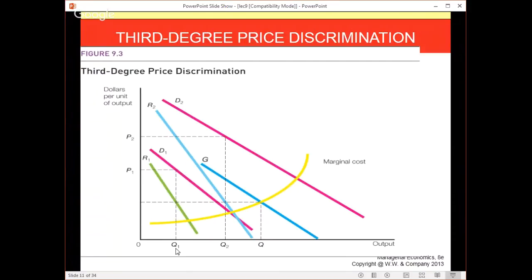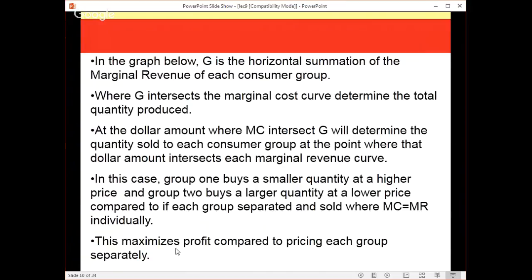Now I can go back to the graph I showed you and give the explanation. In that graph below, G is a horizontal summation of the two marginal revenue curves. Where G intersects the marginal cost curve determines the total quantity produced. The dollar amount where marginal cost intersects G determines the quantity sold to each consumer group, at the point where that dollar amount intersects each marginal revenue curve.